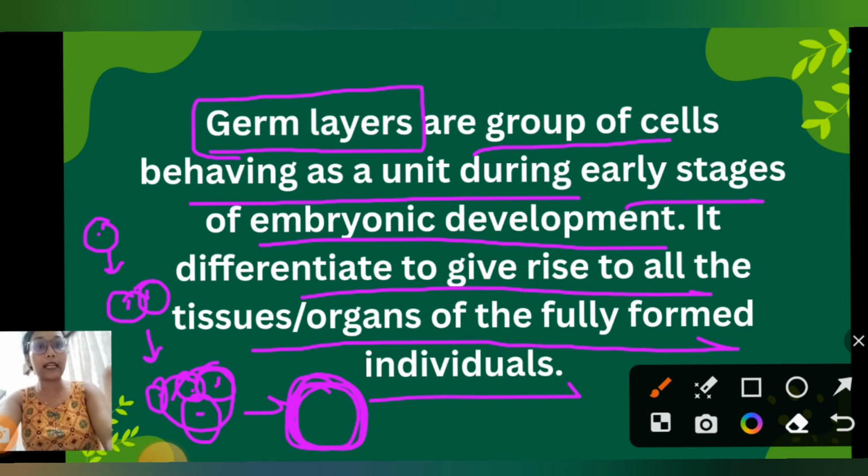That layering is called your germ layer. Is it clear? And this layering will give rise to different layers. The germ layers are of 3 different types; in some they have 2 different types. So this will give rise to the different tissues and different organs of that particular individual. Is it clear?